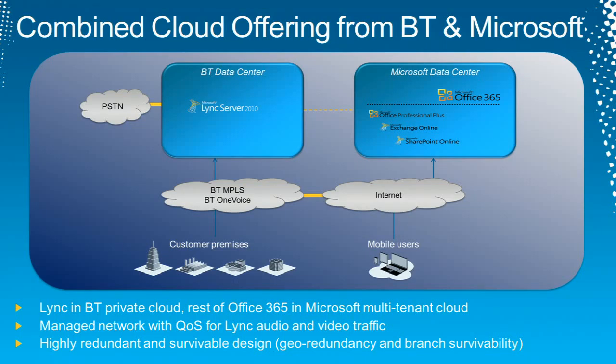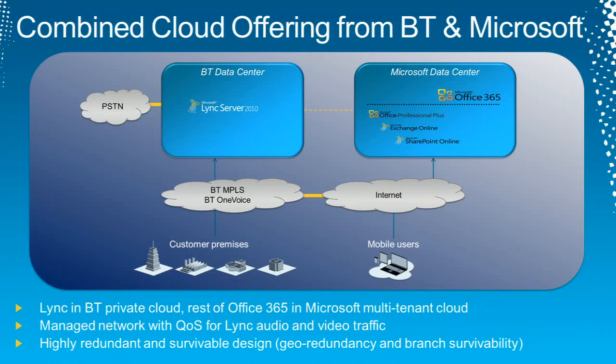Again, managed network. This includes redundancy for branch offices, again provided by BT in the BT private cloud deployment. So basically, this is really a full cloud solution, a combination of private and public cloud that provides the full Lync functionality as well as the best of the Microsoft public cloud.